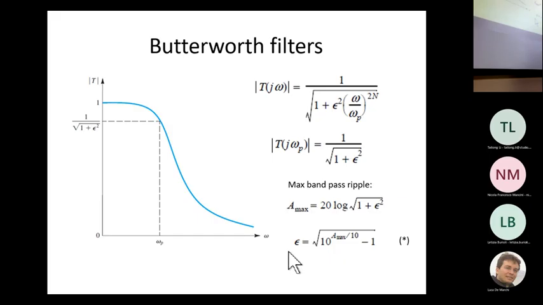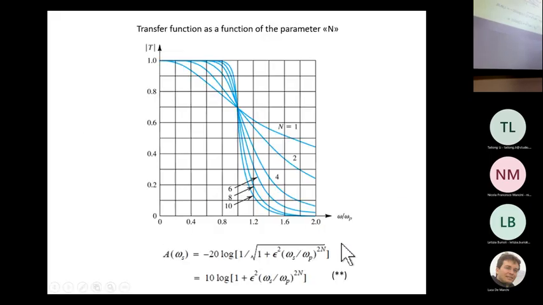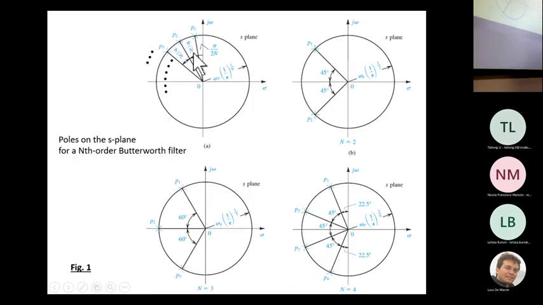Okay, so this is the calculation of epsilon, and this is the calculation of the order of the filter. Then we have to place the poles, depending on the order of the filter and epsilon, around the complex plane. In the Butterworth family implementation, the poles are arranged on a circle.